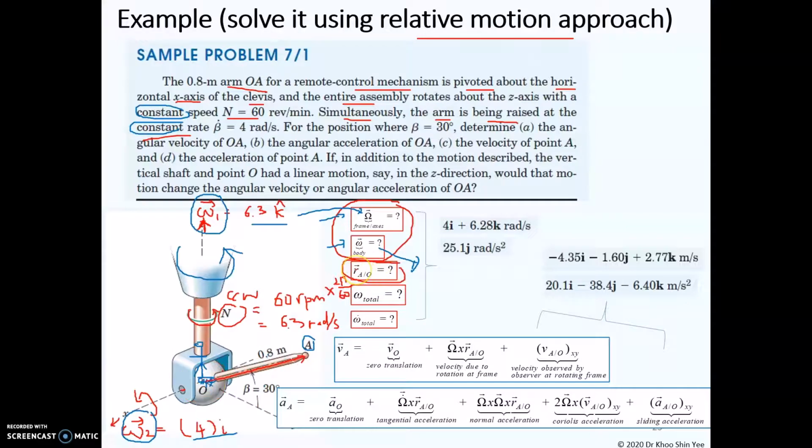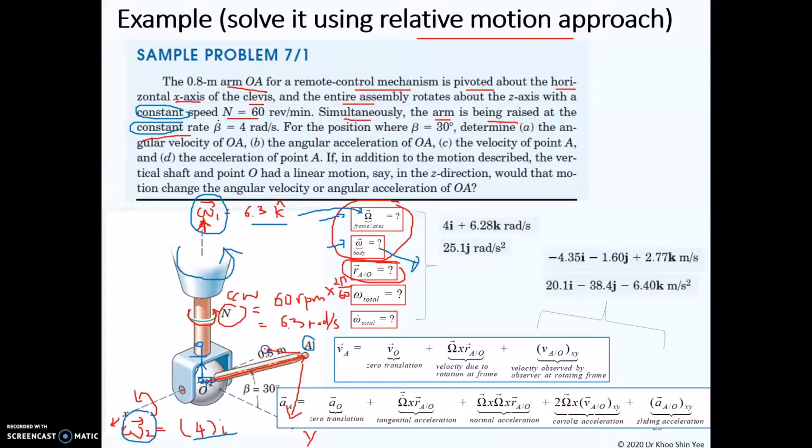To find the displacement vector rA with respect to O, you need to project it to the XYZ directions. If you project to this direction, you have the y-axis, so the y component is 0.8 cos 30.